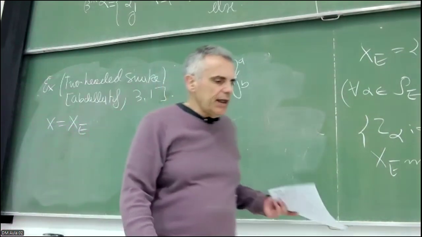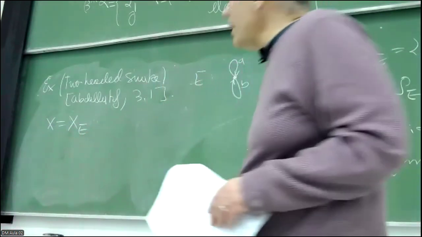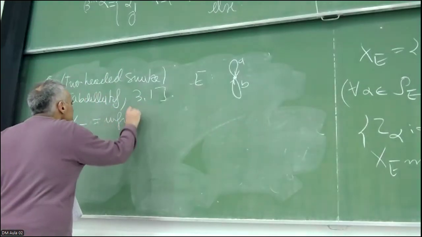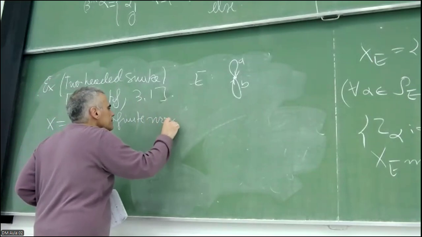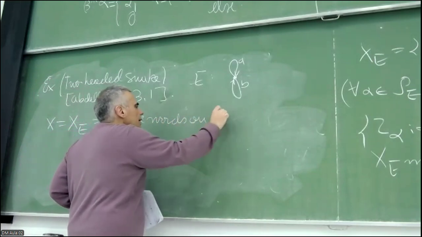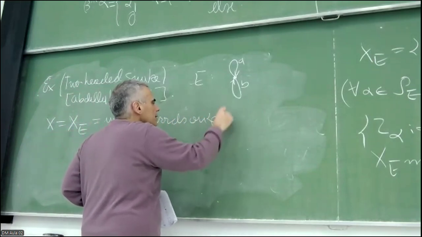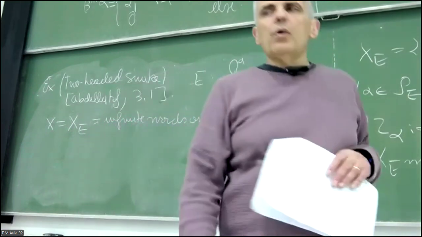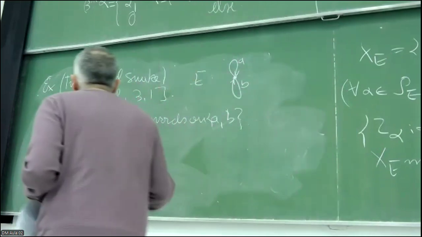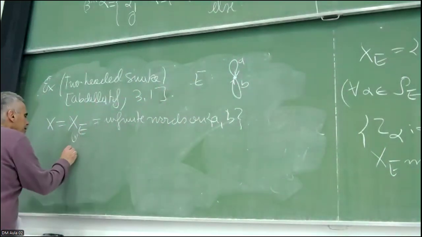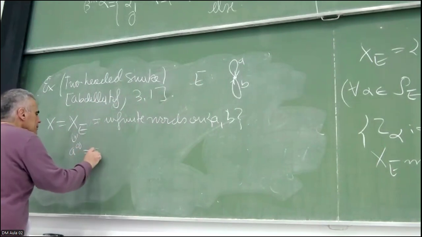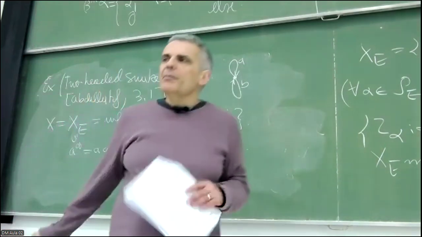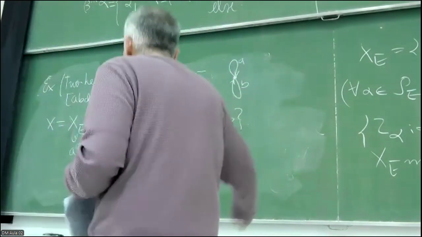So what is X_E? It consists of all infinite words on A and B. So, for example, one such infinite word is A infinity, which is where you repeat A infinitely many times.